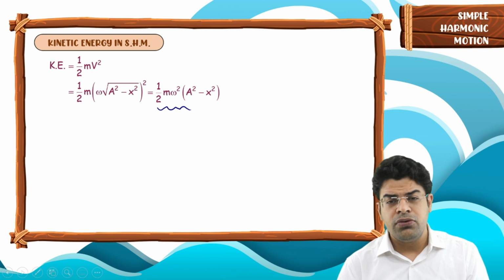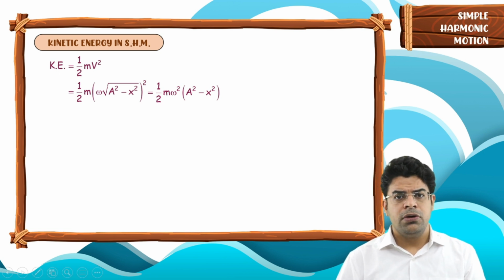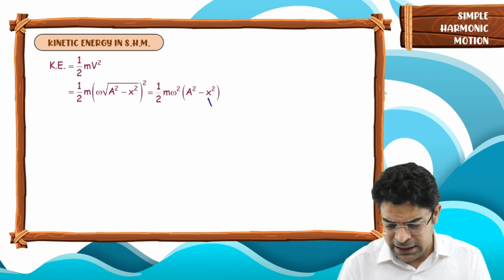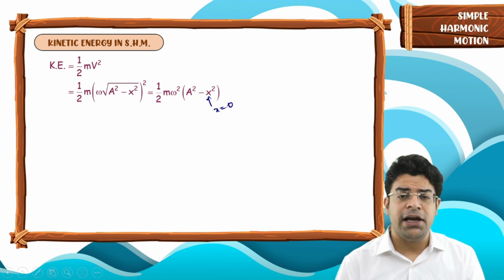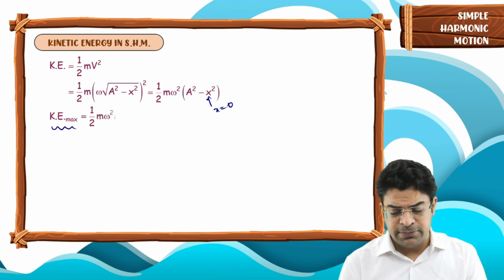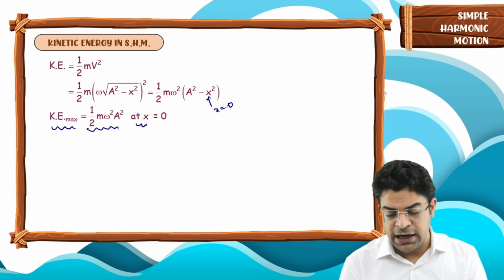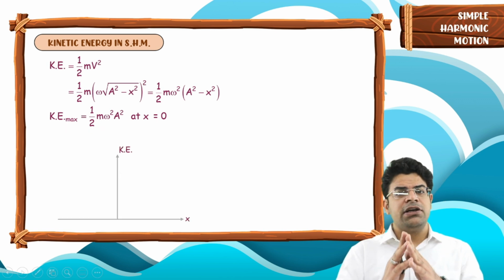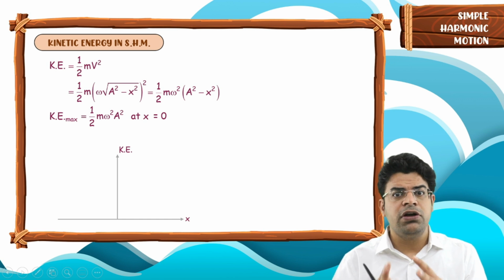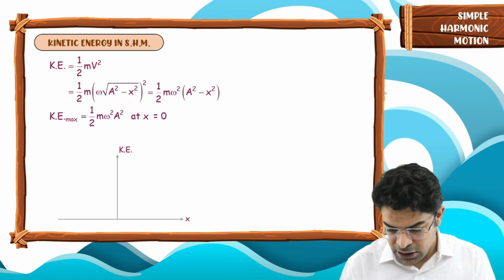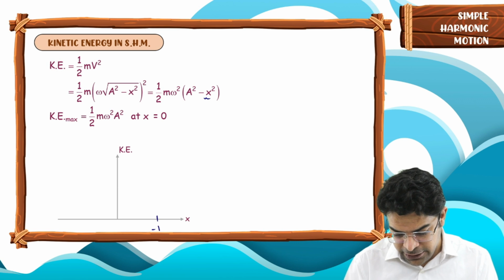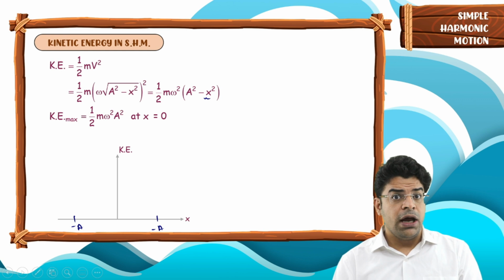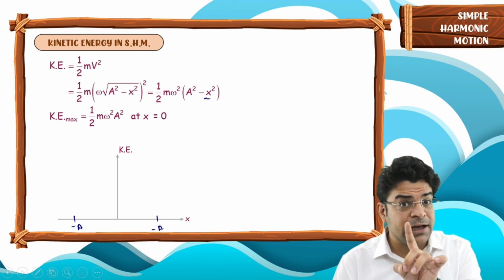Now, how to draw the graph? So, what is the maximum possible kinetic energy? So simple. At x equals 0, at mean position, kinetic energy is maximum. So kinetic energy is maximum, equal to half m omega square a square, at x equals 0, that is at the mean position. Now if we think of the kinetic energy versus the position graph, what does the graph look like? So see here, at x equals plus a and x equals minus a, the kinetic energy has to be 0, and kinetic energy is maximum at x equals 0.